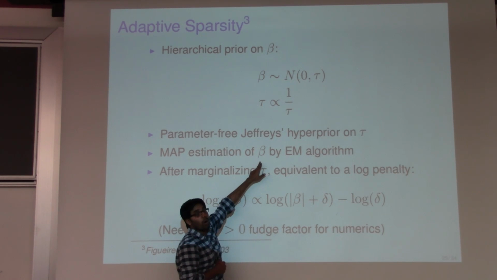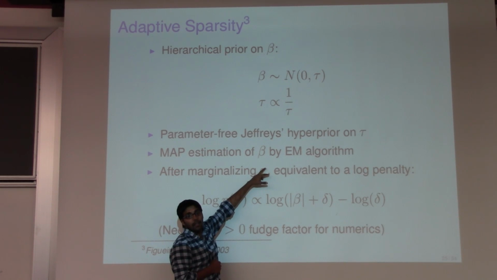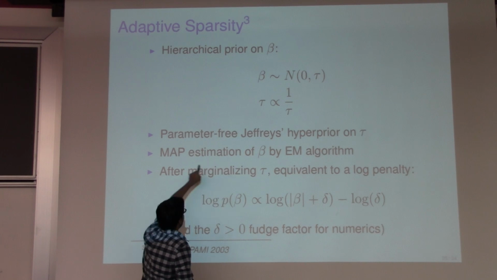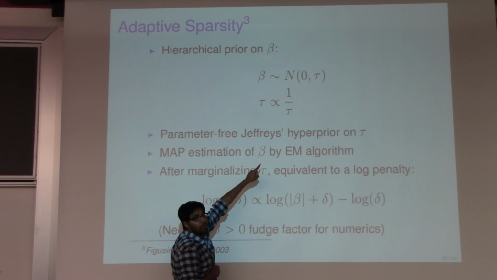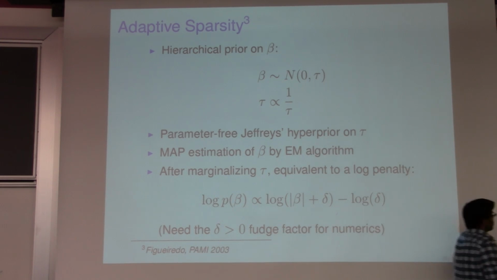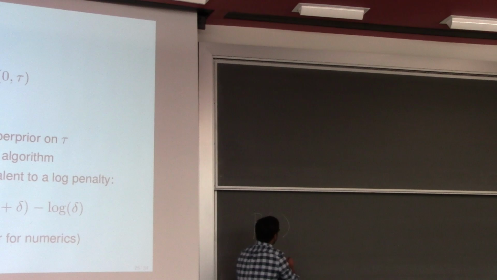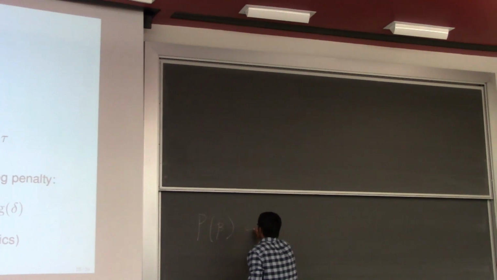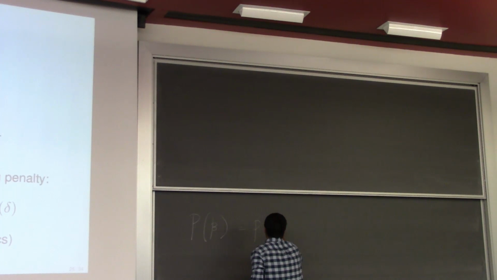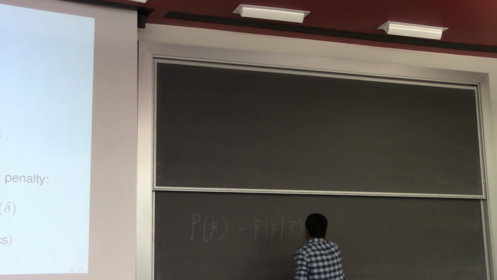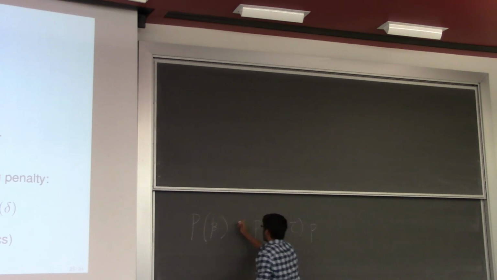So the point to note here is that the ultimate goal, in all these cases, is that I'm trying to find out what P of beta is, right? So what am I doing? I'm marginalizing out tau. Let me write this down. So I have P of beta, which you can write down as an integral, right?